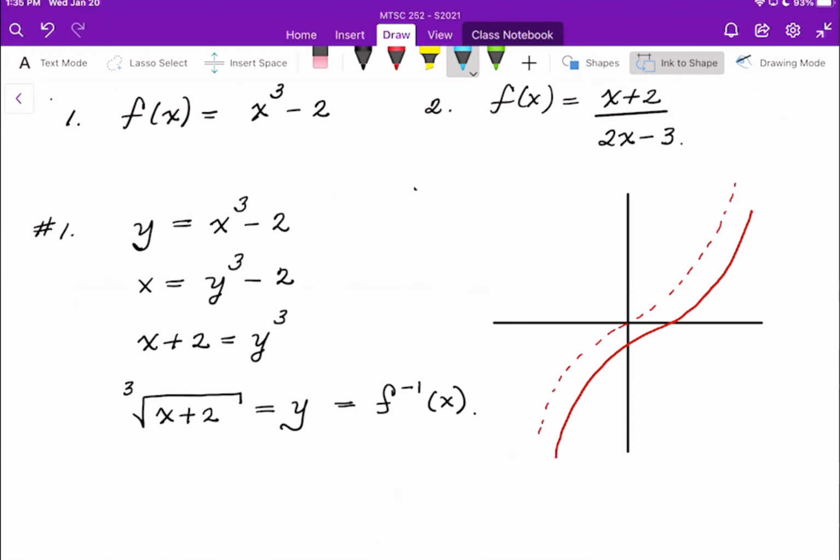This is harder to draw than one would think. There we go. So that's what that's going to look like.